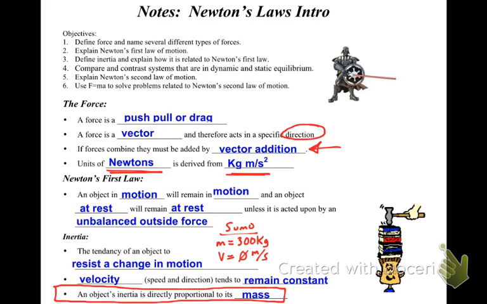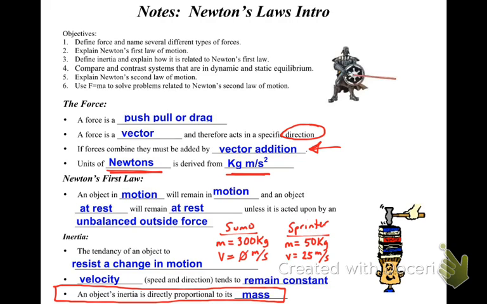And then you've got a sprinter. So that sprinter has a mass of maybe, let's say, 50 kilograms and a velocity of 25 meters per second. Which one has more inertia?